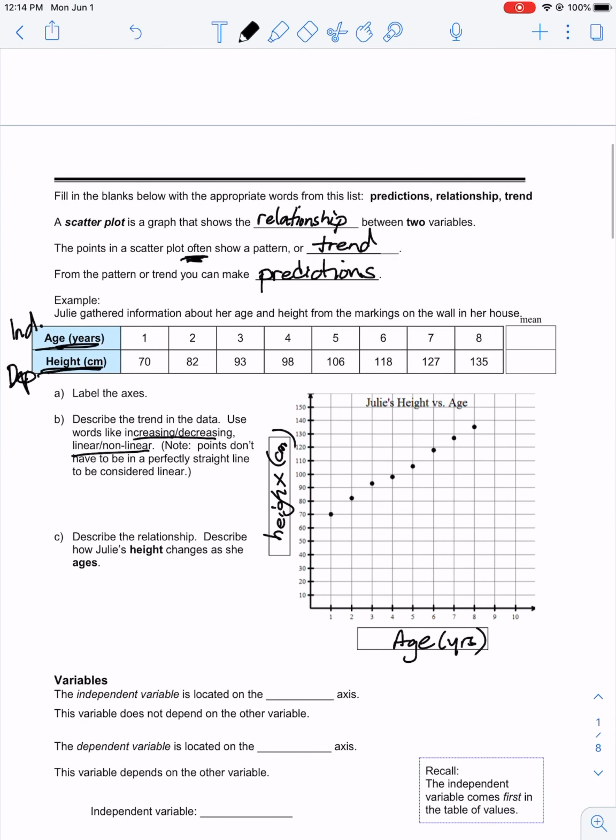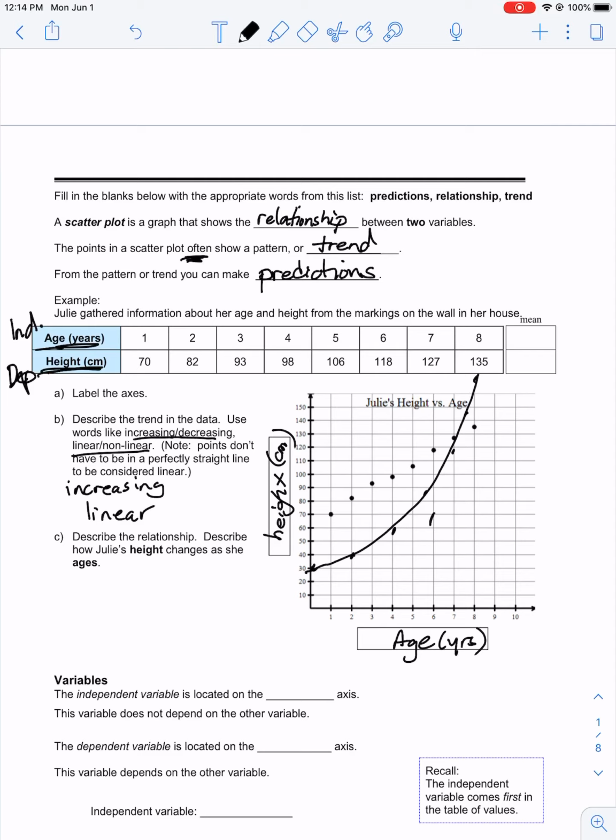This data set, I would say, is increasing. And I say it's increasing in a linear fashion, as opposed to something like this. Let's suppose the points were looking more like this. It goes like this, and then there, and then like that. And suppose she grew like that.